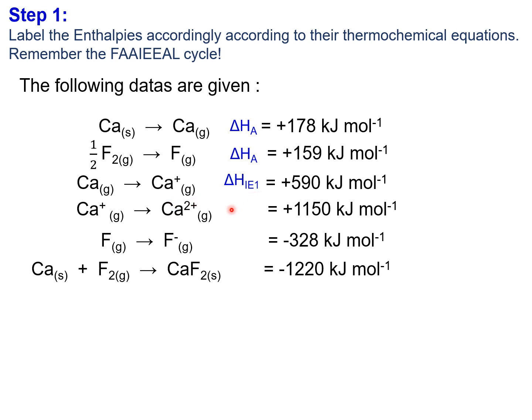Okay, kenapa kat sini? Actually, untuk calcium ni, since calcium, metal element ni, kalau let's say dia form an ion, it should be Ca2+. Okay, sebabkan dia suppose kena ada positive charge 2+, therefore dia akan undergo 2 kali ionization energy tau. Okay, so the first ionization energy bila Ca atom dia dapat single positive charge.